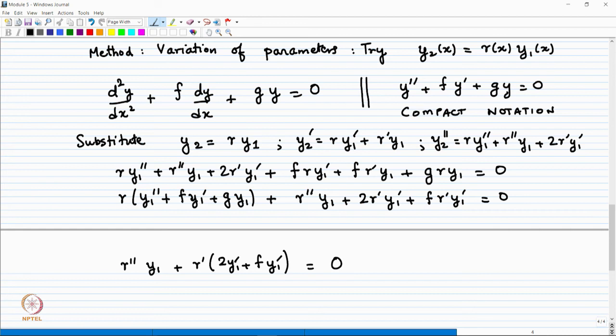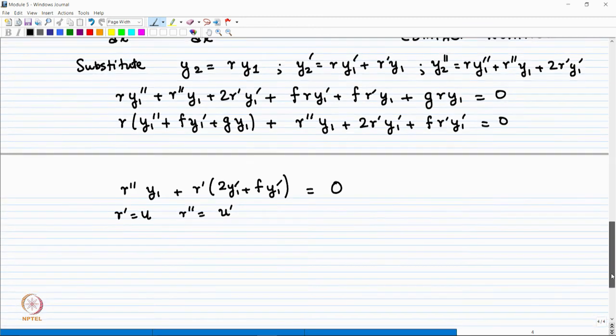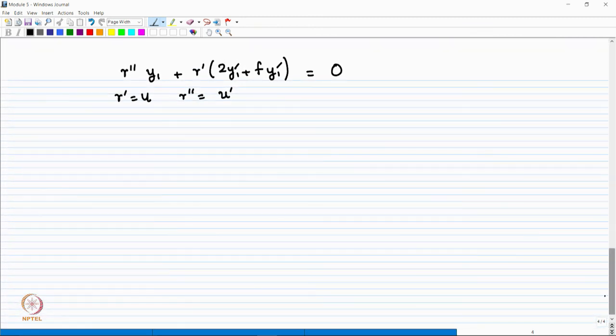So if I call r prime equal to u, and r double prime equal to u prime, you can straight away see that this is just a first order differential equation in u. So you have u prime y1 plus u times 2 y1 prime plus f y1 prime equal to 0. Remember, f is a function of x. Then I can immediately solve for u.